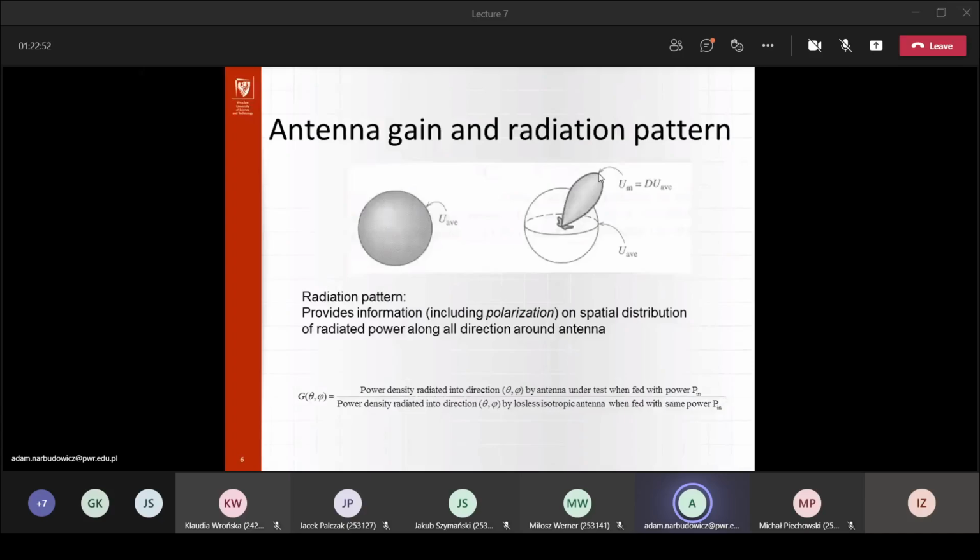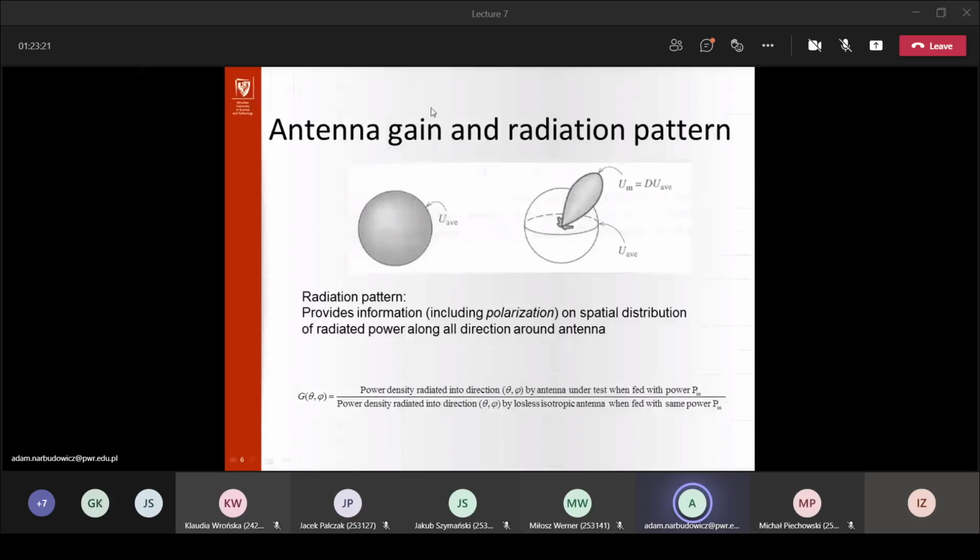We check the power received from your antenna at a certain angle theta and phi, at a certain direction and a certain distance, and we compare that with the energy that you would experience at the same point from an isotropic antenna.